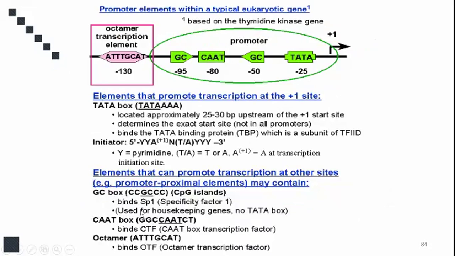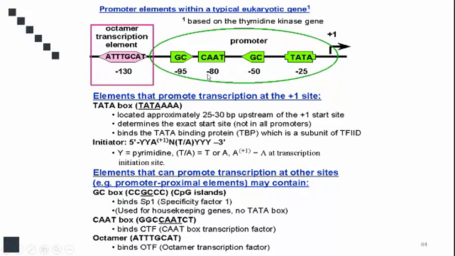So the promoter elements within a typical eukaryotic gene are formed by what you can see here, based on the thymidine kinase gene. We have just seen that +1 means the beginning of that particular gene. And you can see the TATA box is at -25.